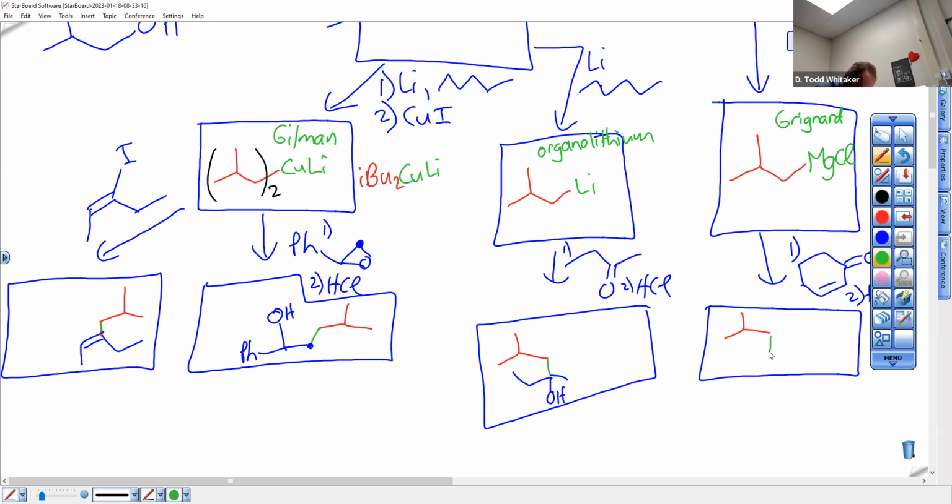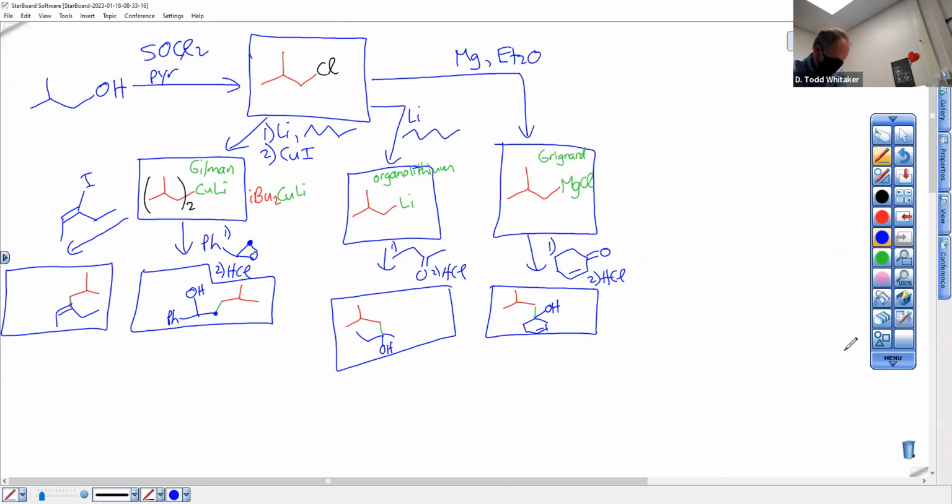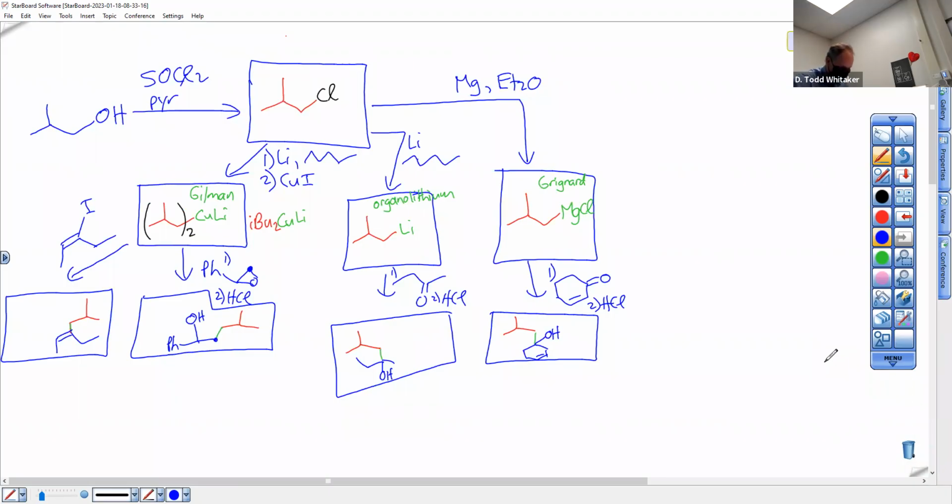New bond to a carbon in a ring that had an O minus, it becomes OH. Don't forget the double bond there. Big picture. There we go.